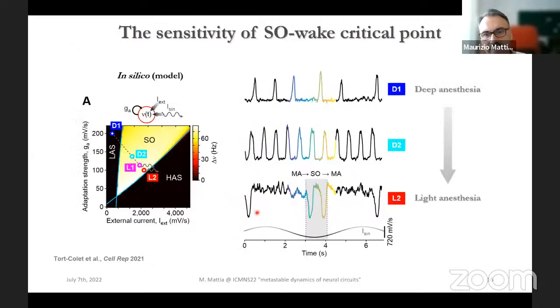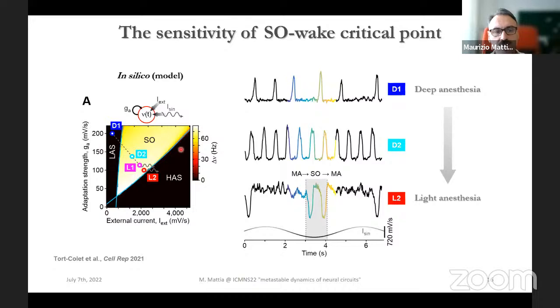And we have been able to model and to predict some footprints. I will not tell you this because of the lack of time. Again, resorting to the bifurcation diagram I showed before, in this case what we changed was both the level of excitation on the x-axis and the level of adaptation, because these are a very good way to represent how the fading out of this kind of anesthesia is occurring.